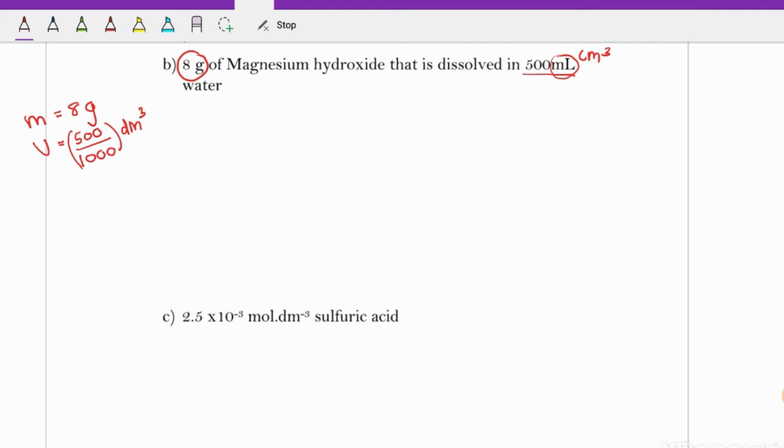Okay, now where do we start? First of all, what is the formula of magnesium hydroxide? Okay, that's a good place to start, because if you don't know how to write down a formula, you won't be able to write down the reaction equation. So on your periodic table, magnesium is in group 2, so that means it has 2 valence electrons and therefore a charge of +2.